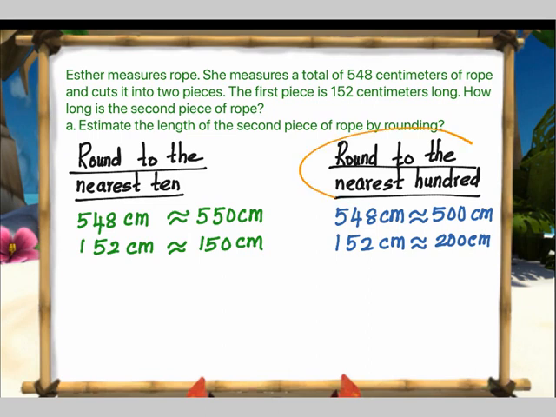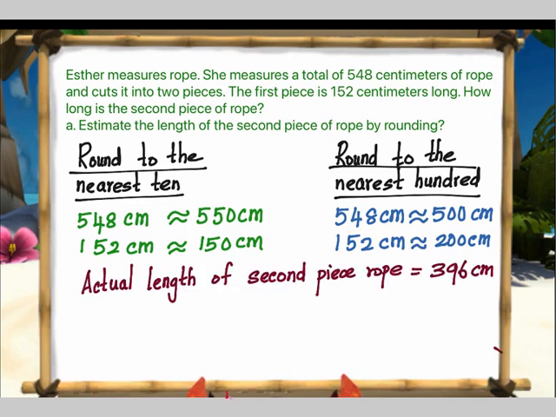Now, when rounded to the nearest 100, 548 centimeters is rounded to 500, that is the nearest 100. And 152 centimeters, when rounded to the nearest 100, becomes 200 centimeters. The actual length of the second piece of rope is 396 centimeters.